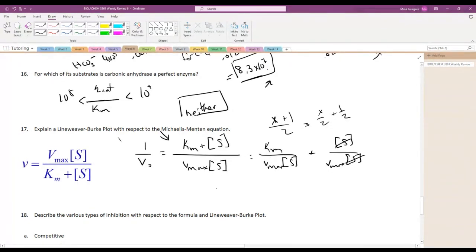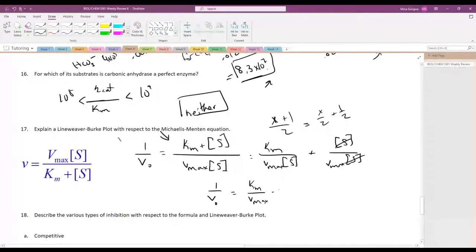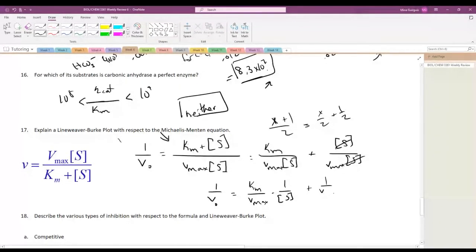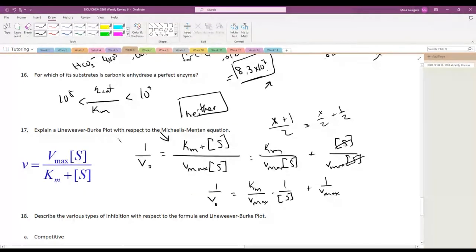On the left one, we're going to write it a little bit differently. So the overall equation for a Lineweaver-Burk plot that we graph is Km over V max times 1 over S. And I hope you guys can see the similarities with the Van't Hoff plot because it is very similar.